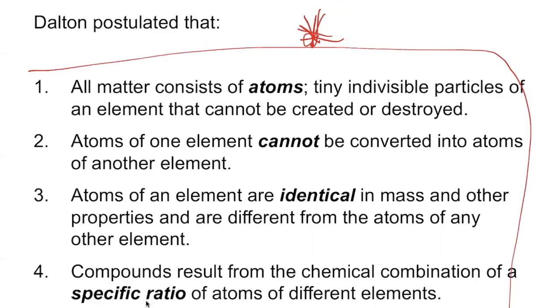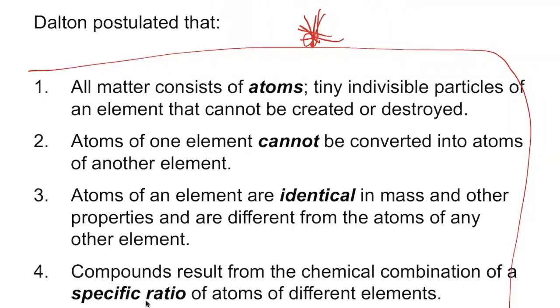Number 1, all matter consists of atoms, tiny indivisible particles of elements that cannot be created nor destroyed. So what they're saying at this point is that we believe the atom is the smallest particle and we cannot destroy it. Atoms of one element cannot be converted into atoms of another element.